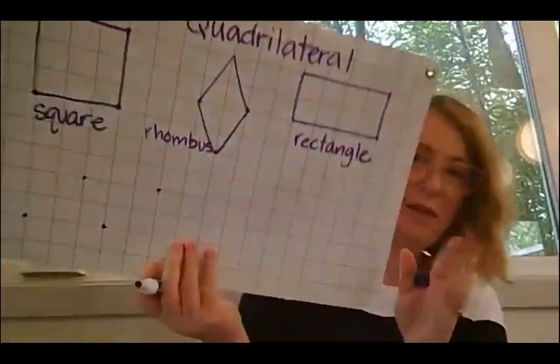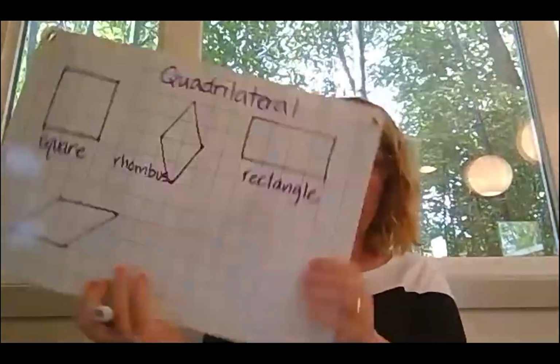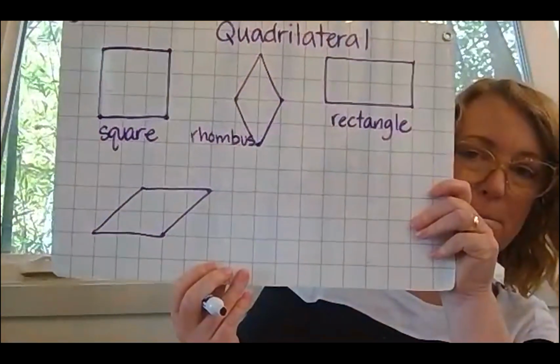But wait, there's more. There's some fancy ones. Look at those 4 dots. Do you know what shape that's going to make? This one's a little bit fancy. That one is a parallelogram.